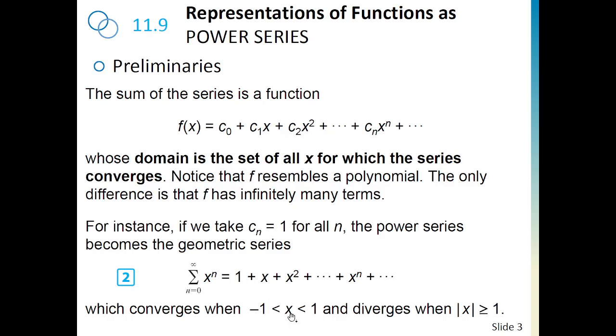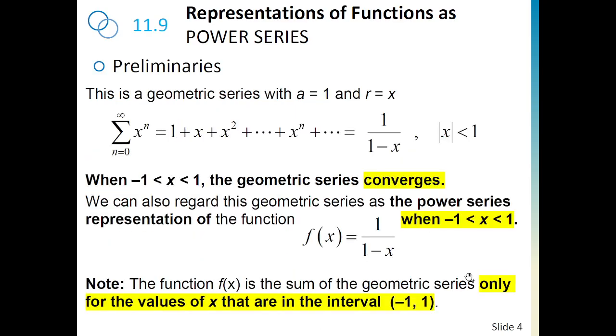So x needs to be between -1 and 1, and then we know that this geometric series is convergent. We also know how to compute the sum of the geometric series. It is the first term divided by 1 minus the ratio. Here the ratio is x.